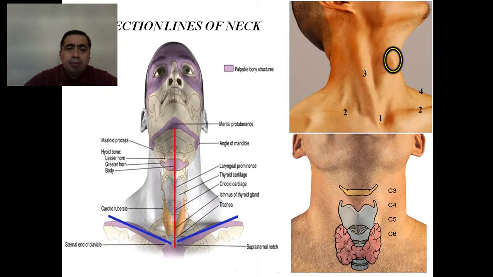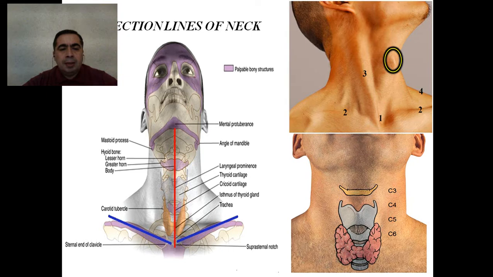And these sections of the neck, the dissection lines of the neck, must be very delicate, because the skin of this area is not so thick. It's thinner than the other areas of the human body.